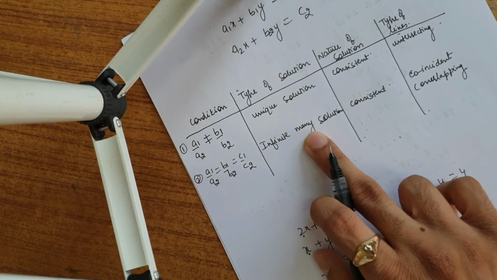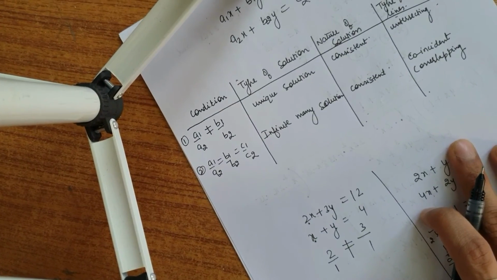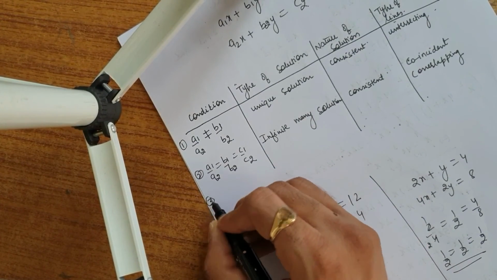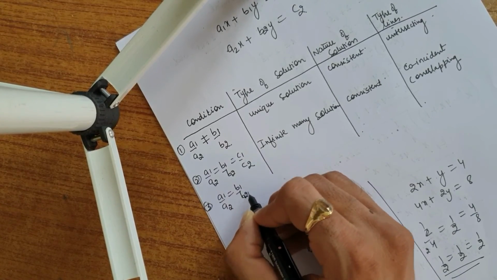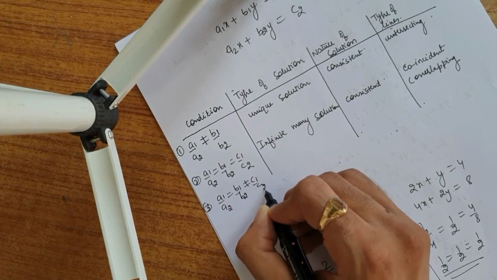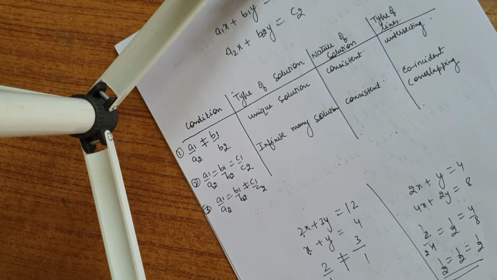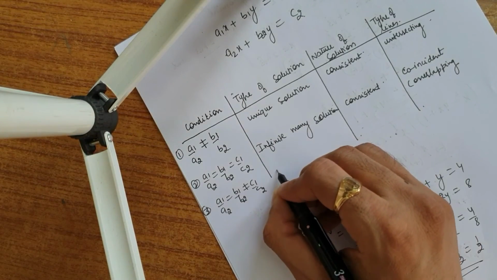It has infinitely many solutions. The third condition is a1 by a2 equals b1 by b2 is not equal to c1 by c2. Then the type of solution is no solution.